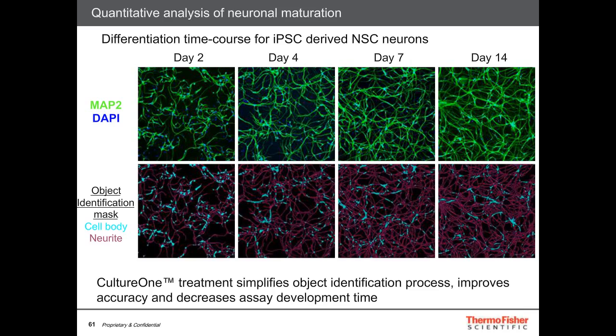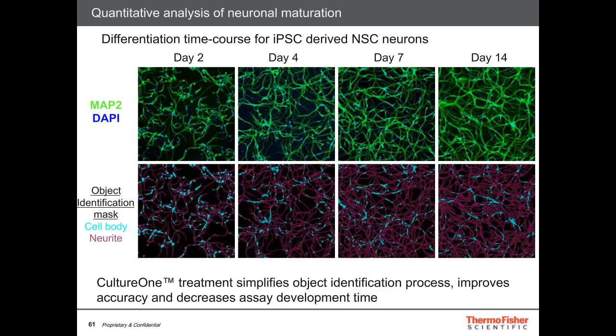Okay, so now moving on from the neuron quantitation, we're going to look at an example of quantitative analysis of neuronal maturation. And this is a great example of how the improved culture characteristics can facilitate the software and enable accurate quantitation.